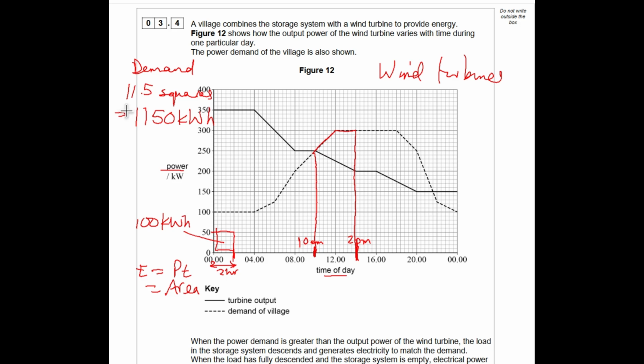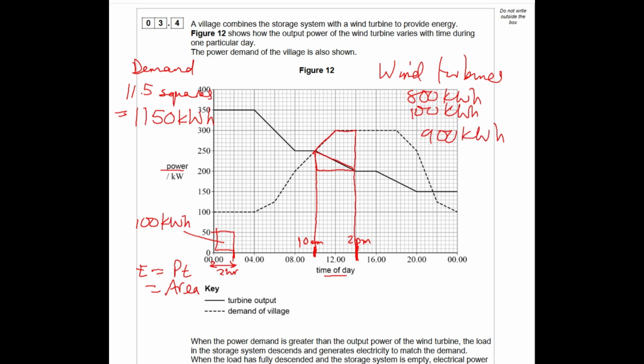So 1, 2, 3, 4, 5, 6, 7, 8, so you've got at least 800 kilowatt hours, and then probably work out this little triangle here. That's 50 times 2 and divide by 2, so that's 100 kilowatt hours. So that is, of course, 900 kilowatt hours.